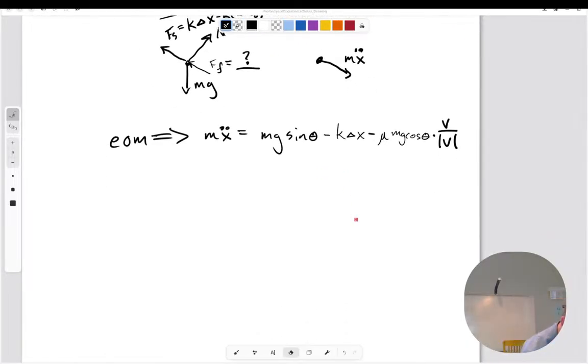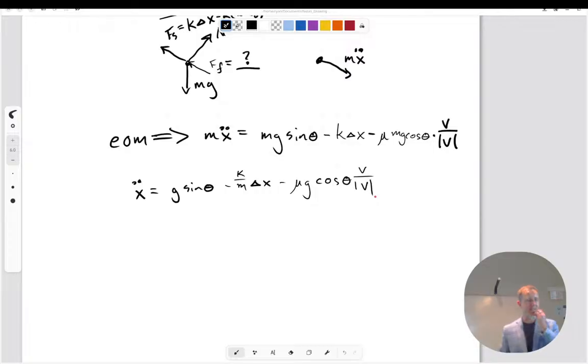Well, I mean, we could do some extra stuff, right? Just get rid of that mass term, so now we just have the actual motion equation.